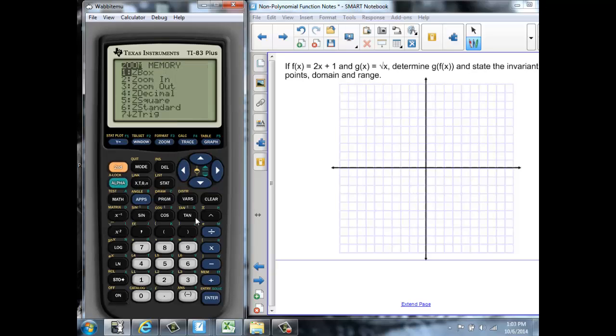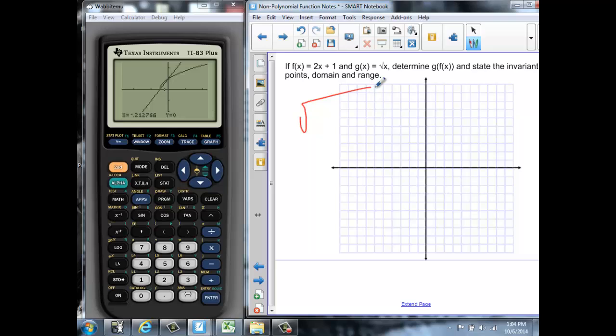You're probably going to want to zoom in a little bit here, just to get an idea of what's happening. Zoom in right around here. Where does the square root graph start? It actually starts at negative a half, because you've got to actually factor this thing.